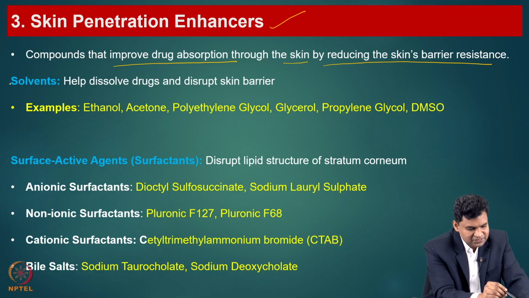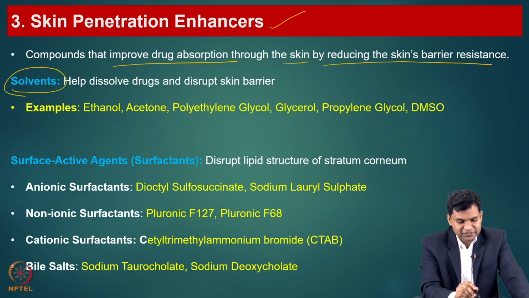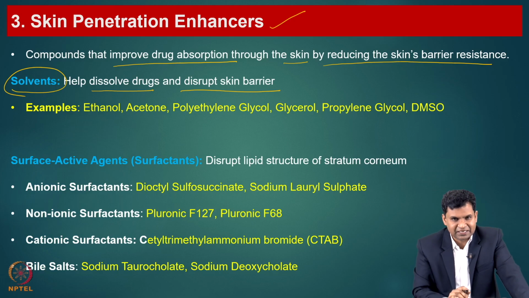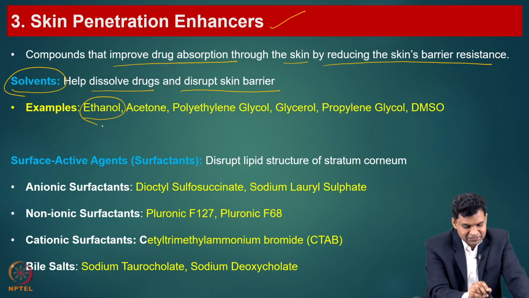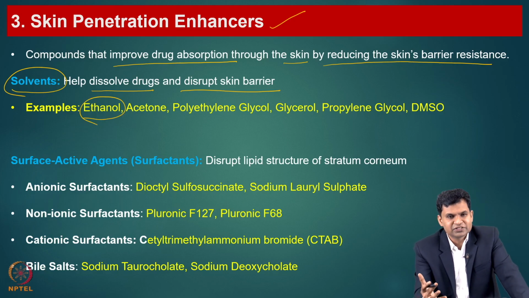So, here are the classifications. The first classification of permeation enhancers is solvents, which help to dissolve the drugs and also disturb the skin barrier. That is the ultimate goal of skin penetration enhancers or permeation enhancers. The best example is ethanol, which we use even in nano formulations as ethosomes.